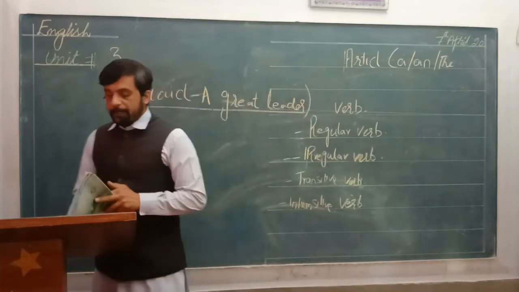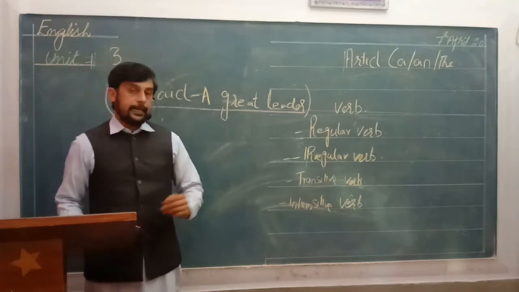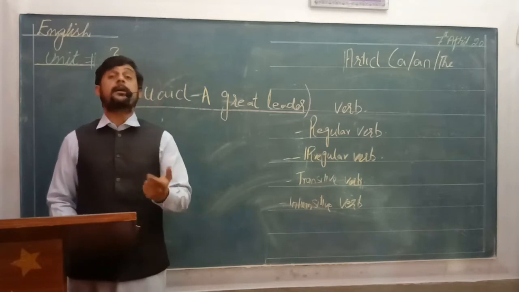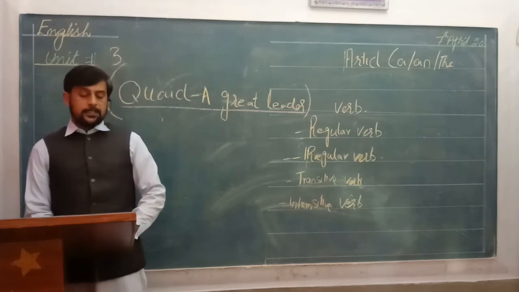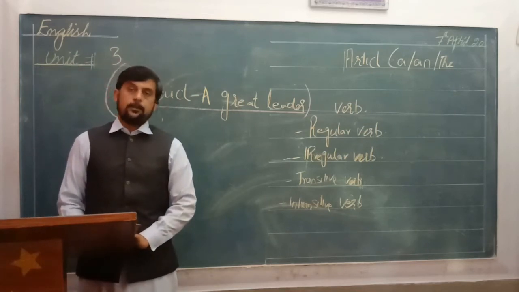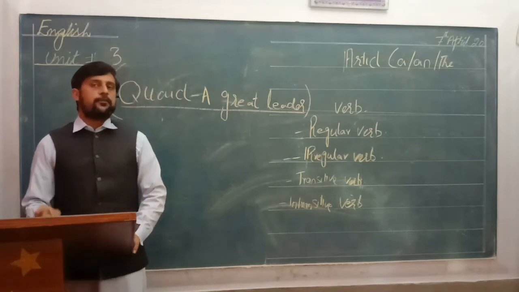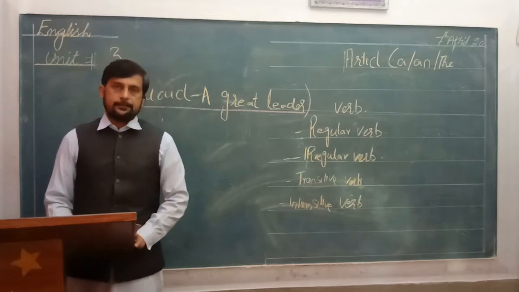So before I give you different definitions of a, an and the, let me define article. What is article? According to the grammar, article is a word which is used to generalize or specify the things, people or places.